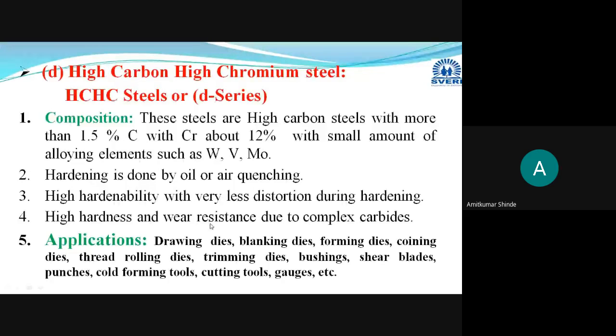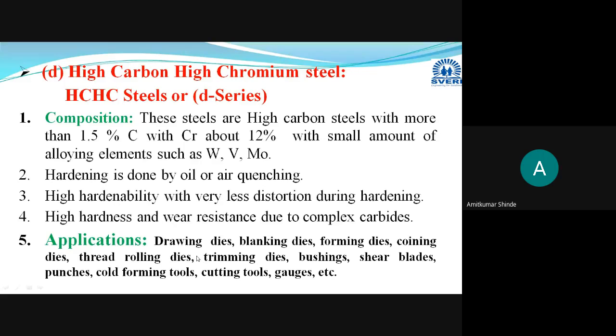Then it has very high hardenability, and during the hardening process there is very little distortion. For the hardening process, an oil or air medium is used for quenching. So the properties are very high hardness, high wear resistance, and high hardenability. And the last point is the application.